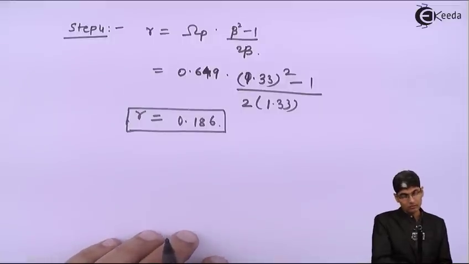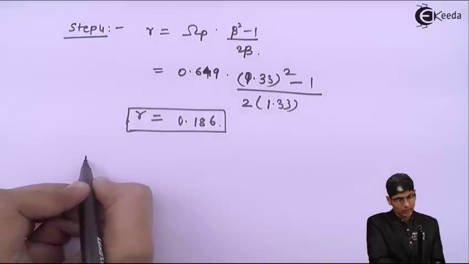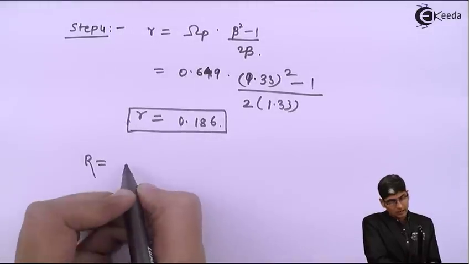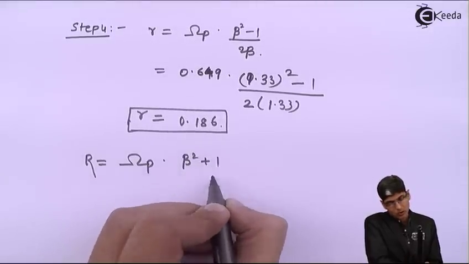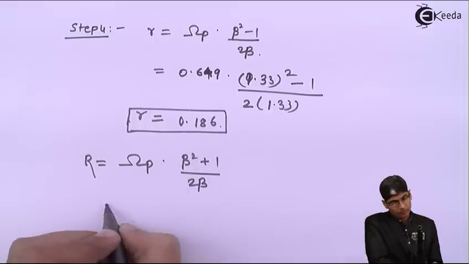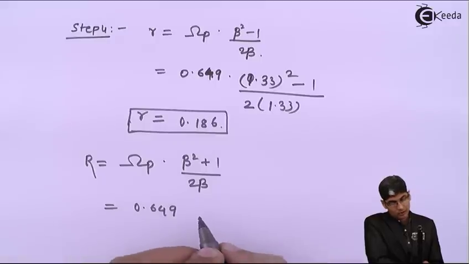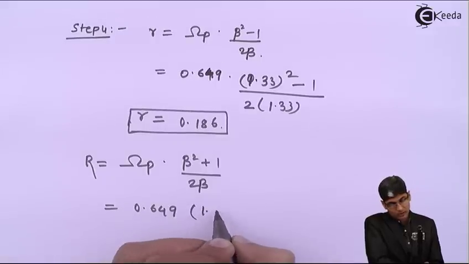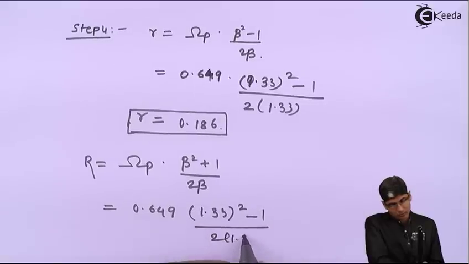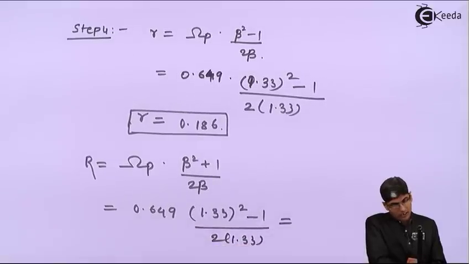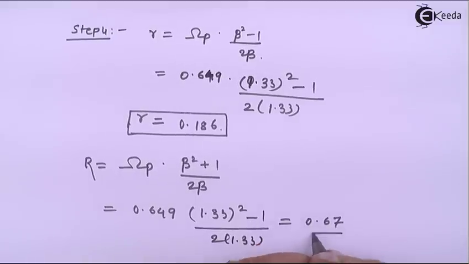So now that we have evaluated small r, let us find the capital R. Capital R is omega p into beta square plus 1 divided by 2 beta. So omega p is 0.649 into 1.33 square plus 1 divided by 2 into 1.33. That value of R will be 0.67.